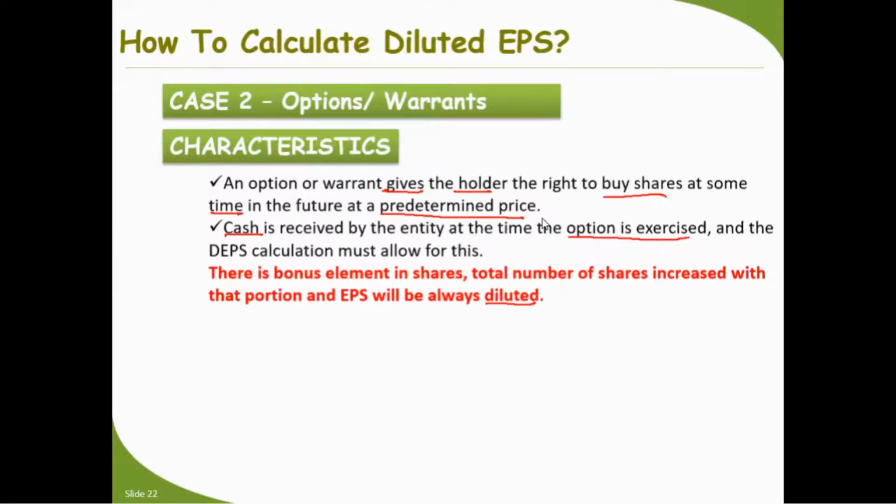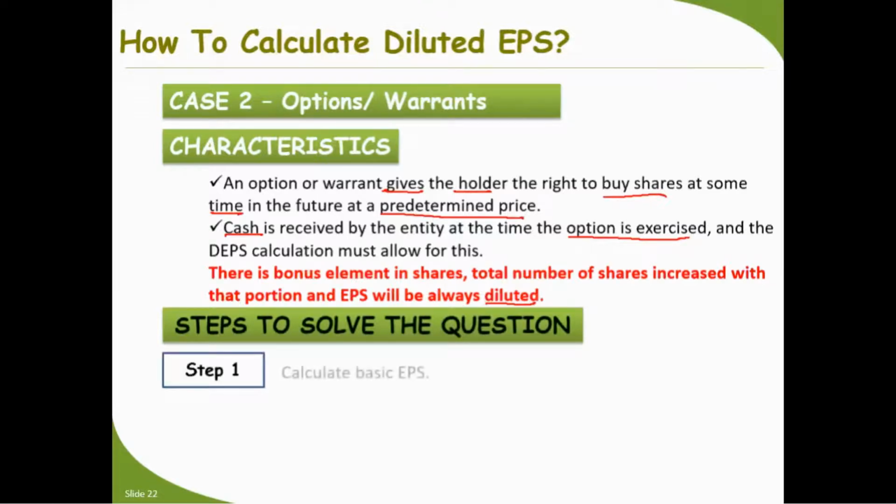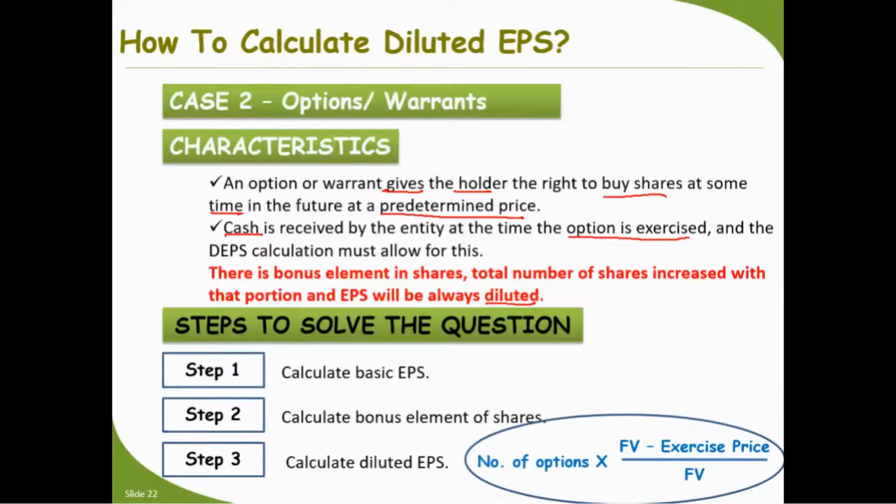Then what are the steps to solve the question? Step 1, calculate the basic EPS. Step 2, calculate bonus element of shares by using this formula, which is number of options times fair value per share minus exercise price per share divided by fair value. And in step 3, calculate diluted EPS.